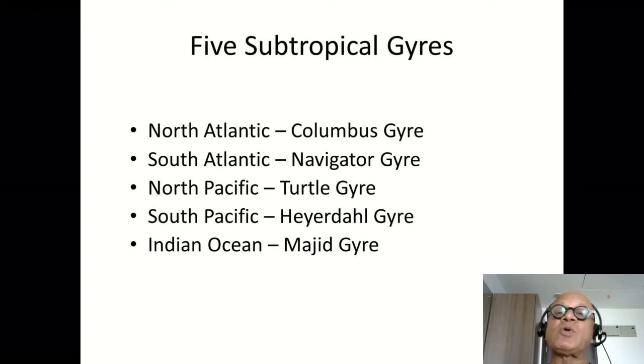Indian Ocean, as we have already seen, has a very different configuration because of the monsoon circulation, so it doesn't have a well-defined subtropical gyre in the northern hemisphere, so it only has a subtropical gyre in the southern hemisphere. These names mentioned in the book, they are not used by anybody, so you shouldn't even bother to remember them.